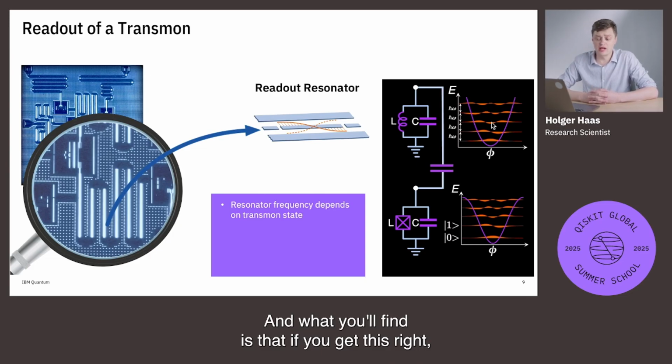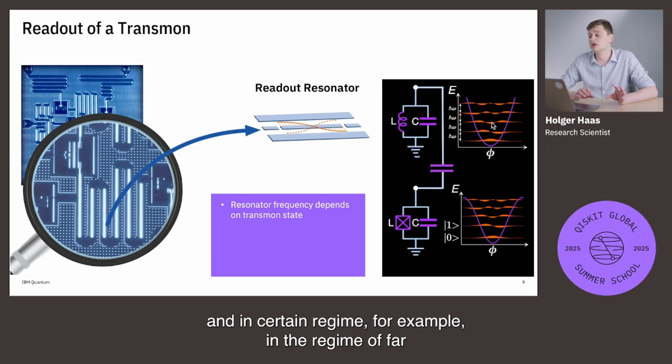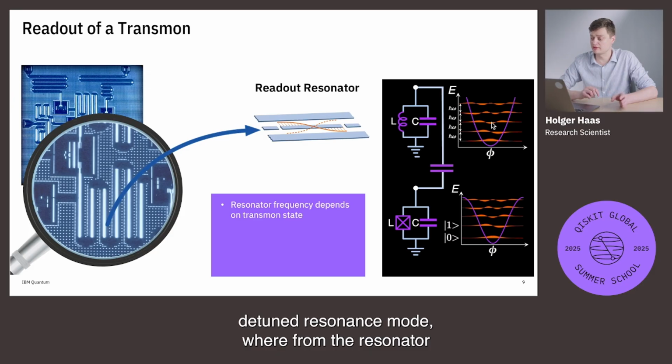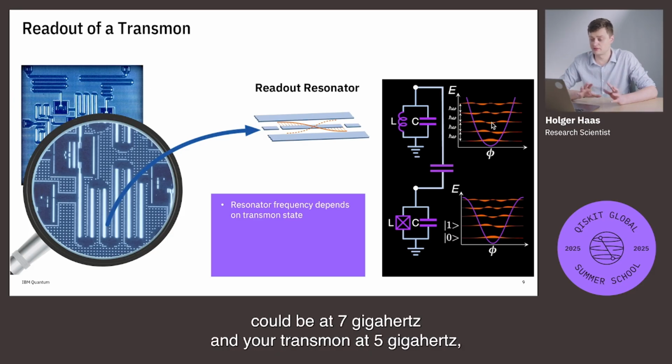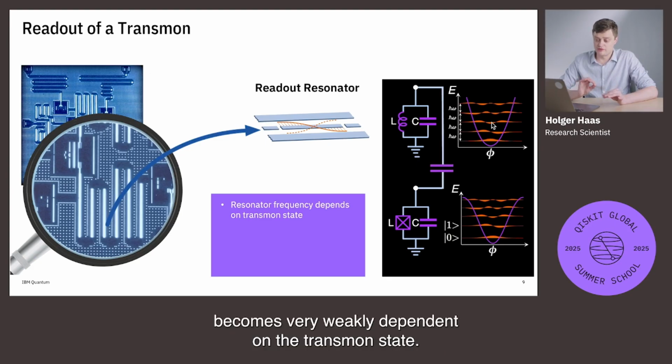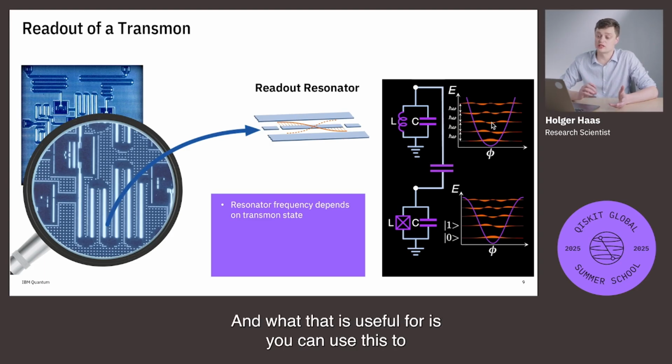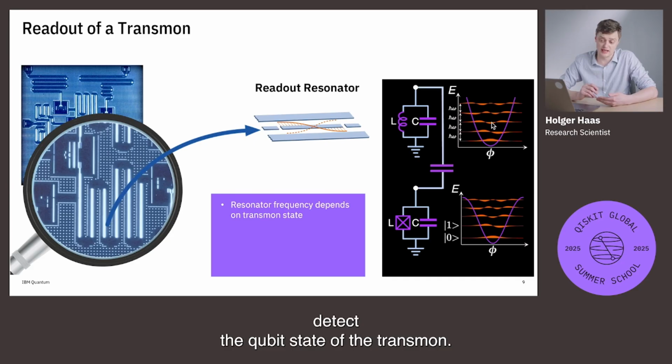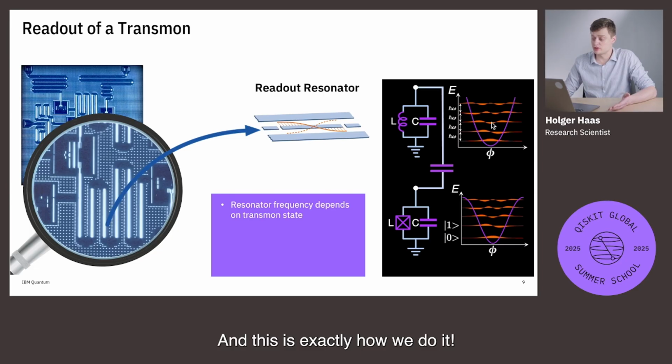And what you'll find is that in certain regimes, for example, in the regime of far detuned resonance mode, where the resonator could be at 7 gigahertz and your transmon at 5 gigahertz, the frequency of the resonator becomes very weakly dependent on the transmon state. And what that is useful for is that you can use this to detect the qubit state of the transmon. And this is exactly how we do it.